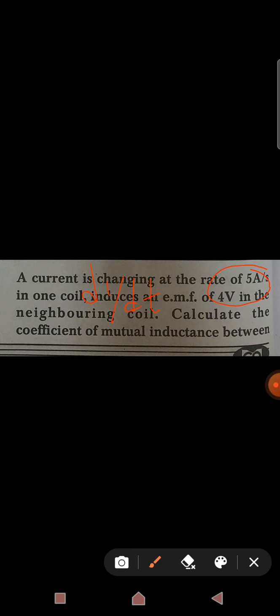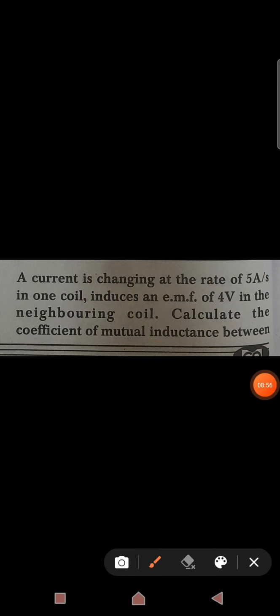So friends, here current is flowing through the first coil and the EMF is developed in the secondary. So the EMF of the secondary is given, that is 4 volt. So di by dt is 5 ampere per second, and the EMF developed in the secondary is 4 volt. Then we have to find out the mutual inductance.